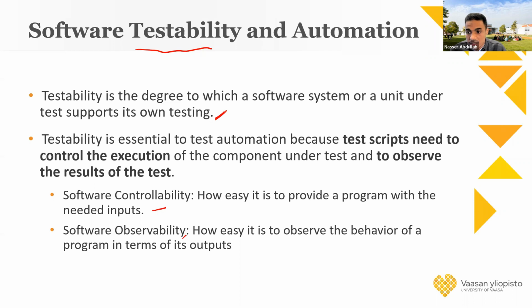Your application needs some information, the data. So how easy is it to provide your application with practical inputs and get certain outputs? Once you provide your application the input, you will get some outputs. If your application meets this requirement, that means it's controllable. So this is the first point.